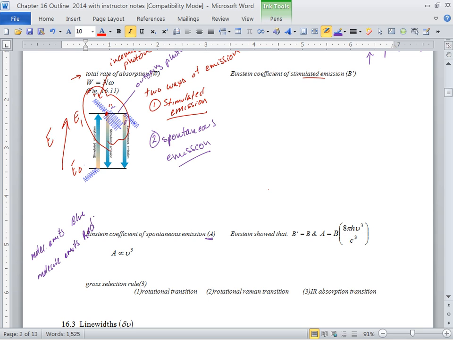Those are just the colors that these molecules emit. Which molecule, we can call them molecule A and molecule B, would exhibit a higher rate of spontaneous emission, according to what Einstein says here?